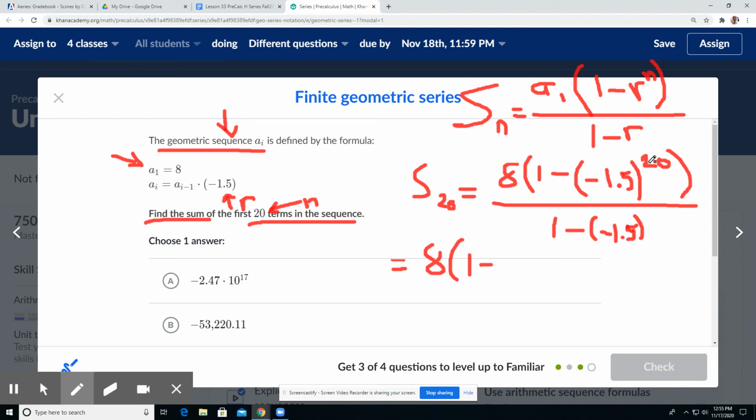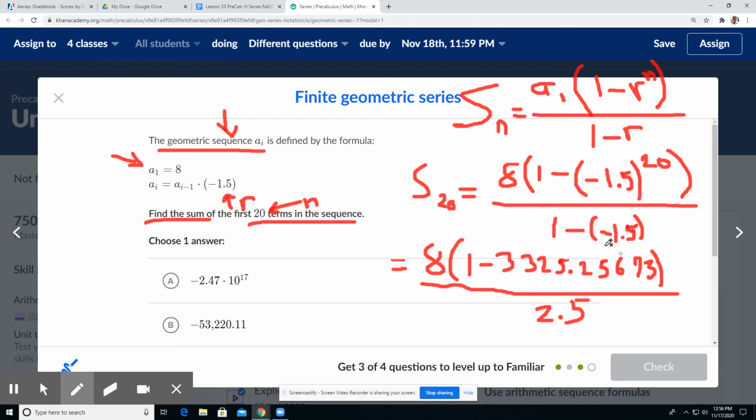This minus sign went away because as an even power, 1.5 to the 20 is 3325.25673... And 1 plus 1.5 is 2.5. A negative and a negative make a positive, and we can add 1 plus 1.5. All right, so then we subtract these, multiply by 8, divide by 2.5.